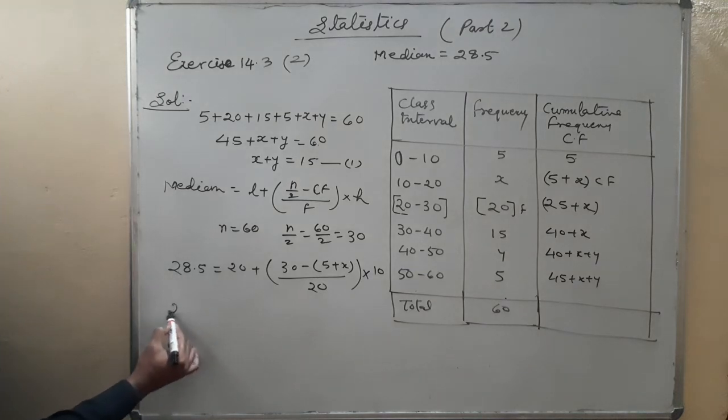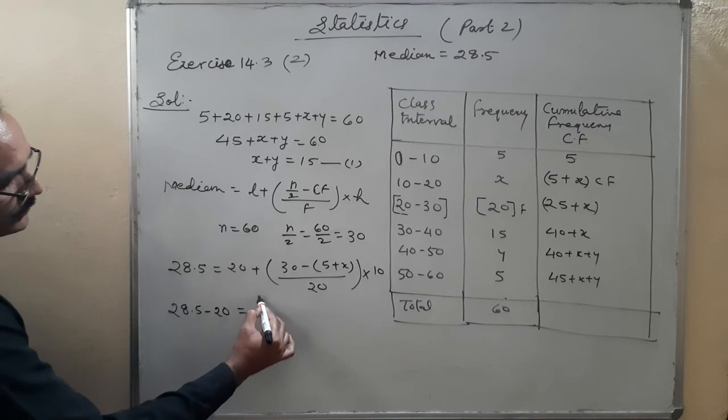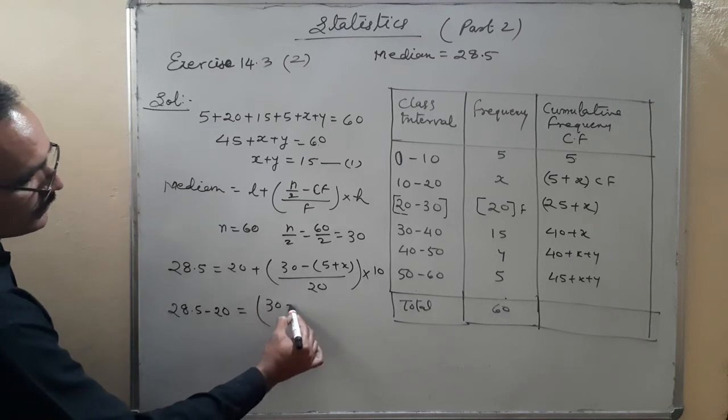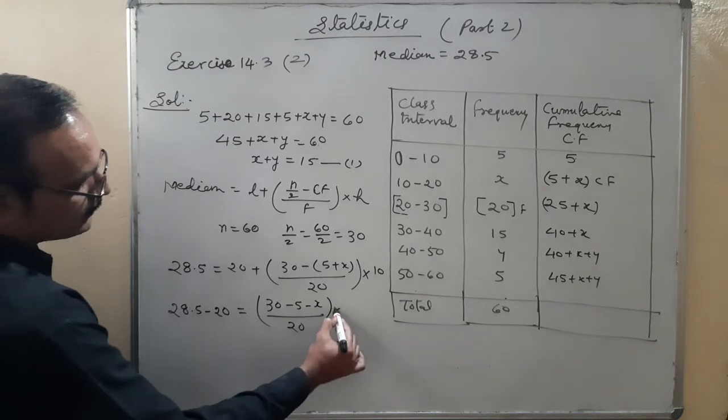So 28.5 minus 20 is equal to (30 minus 5 minus x) upon 20 multiplied by 10.